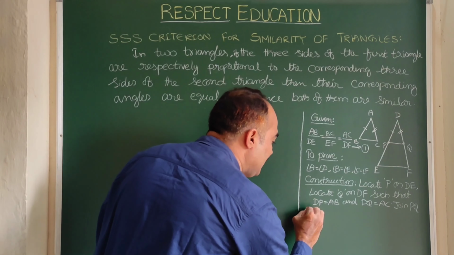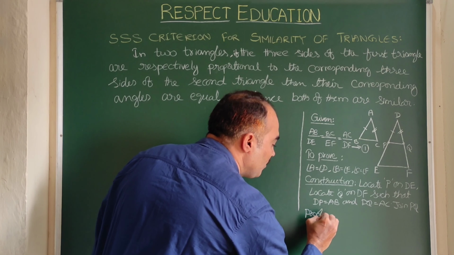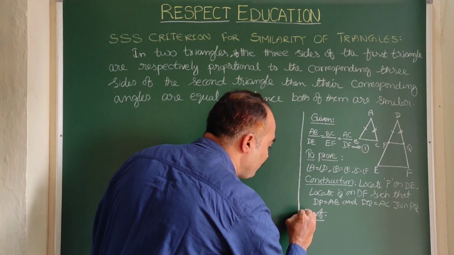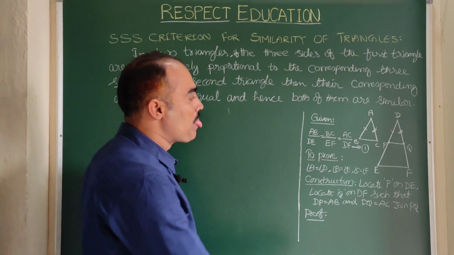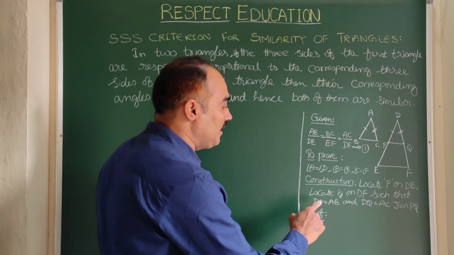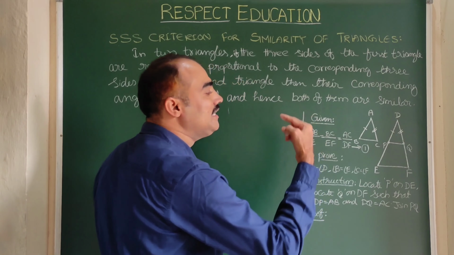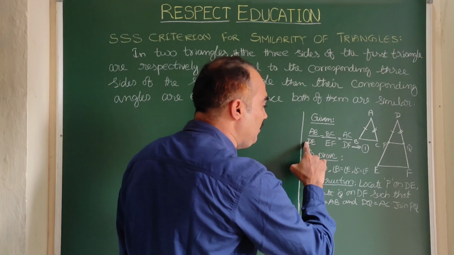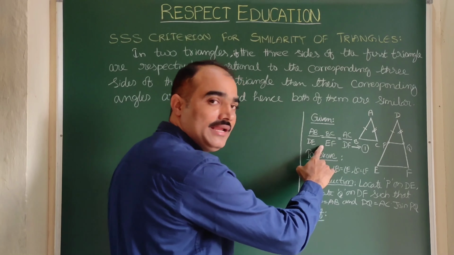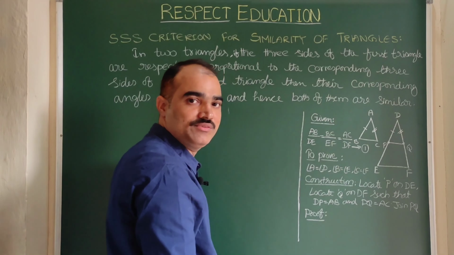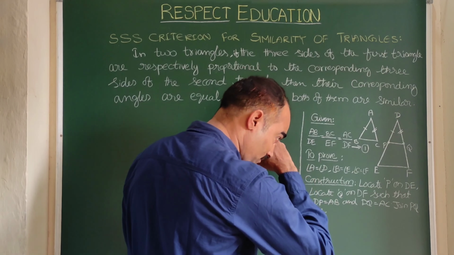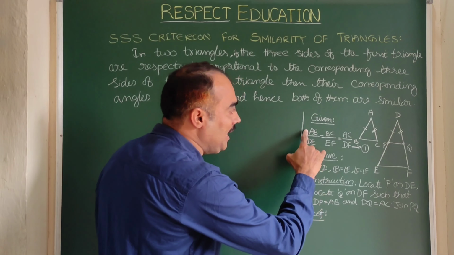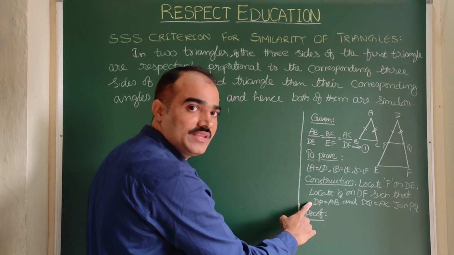Now we enter the proof. Let us go back to the given condition. The given condition is AB by DE equal to BC by EF equal to AC by DF. But here already we have DP, so AB can be replaced with DP, right?